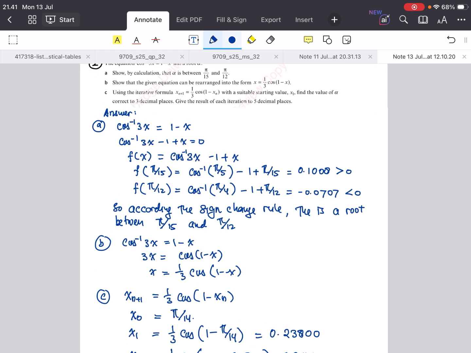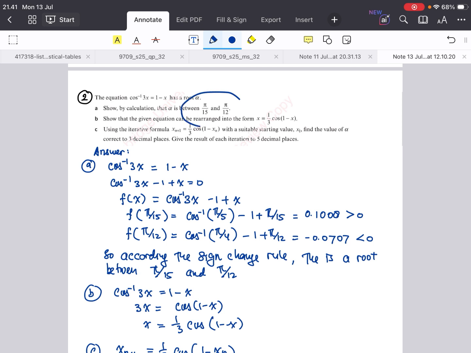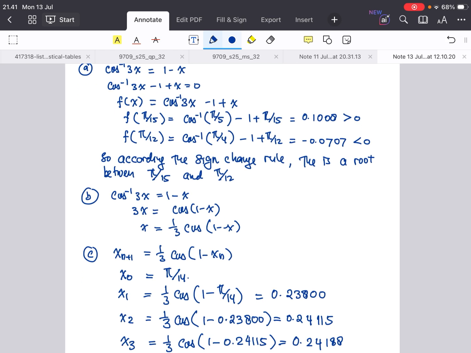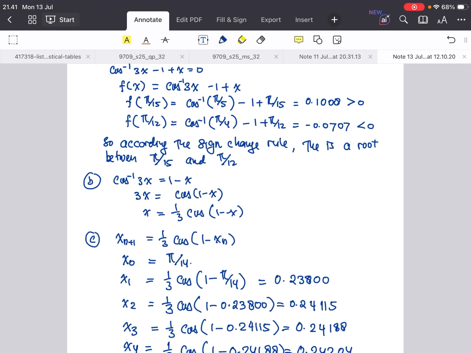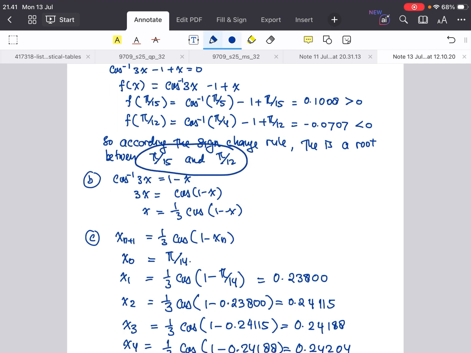So students, π/14 is also between π/15 and π/12. So it's okay to use π/14. If you want to use another value as a starting point, as long as the value that you are using is in between π/15 and π/12, that's okay.